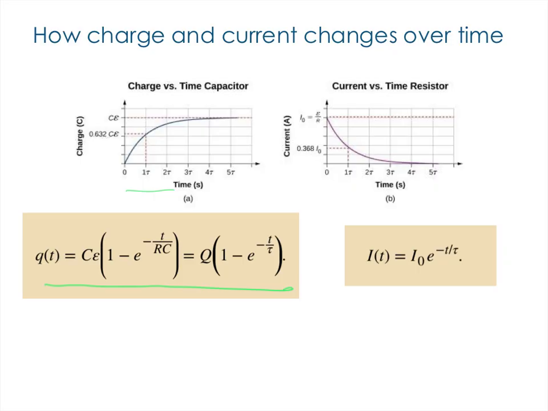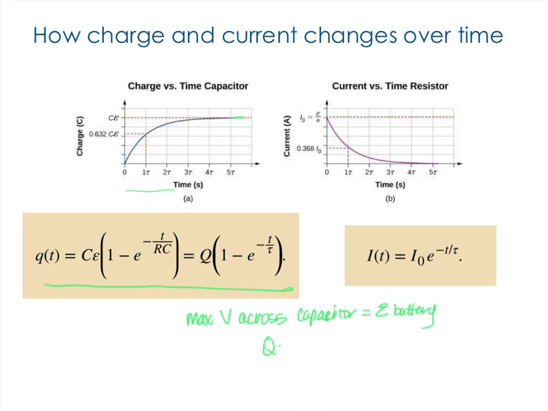What happens with the charge is it gradually gets bigger and bigger until it approaches its final value. So the maximum V across the capacitor is the EMF of the battery.